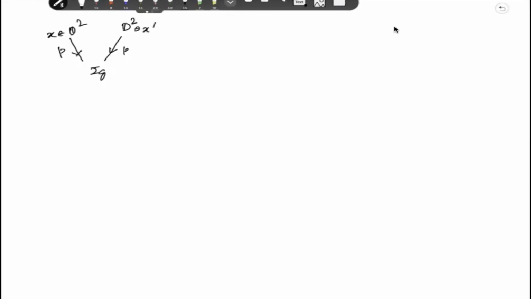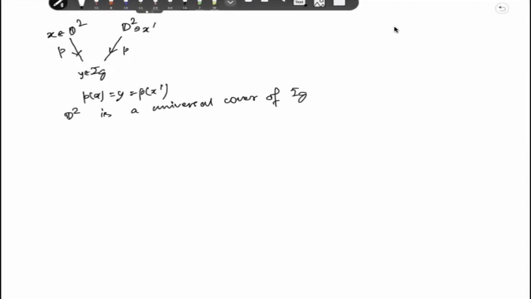So p(x) equals y equals p(x prime). This unit disk is a universal cover of sigma g.